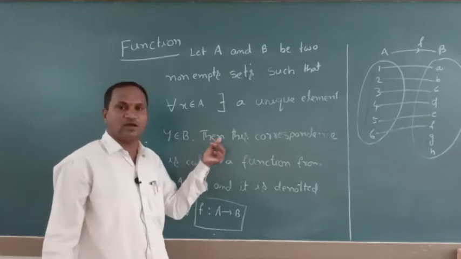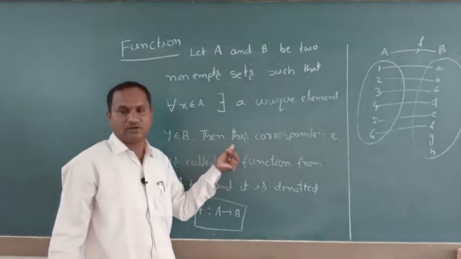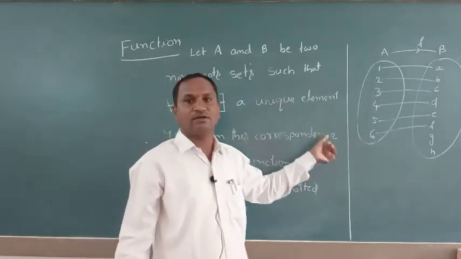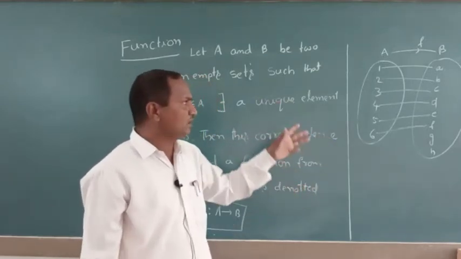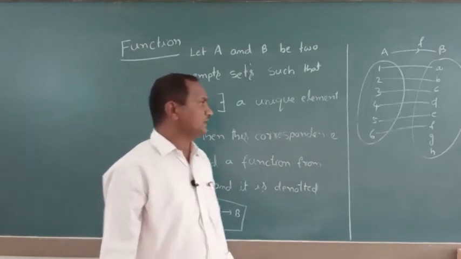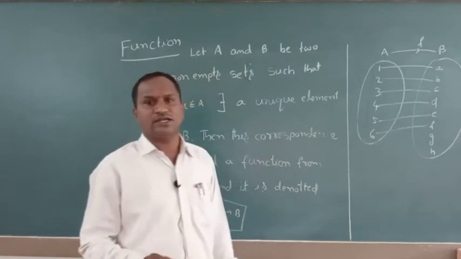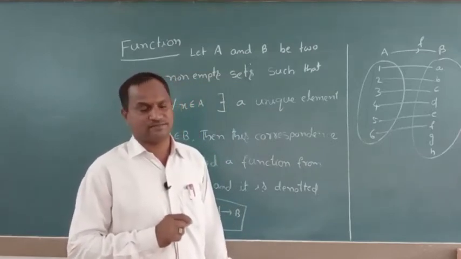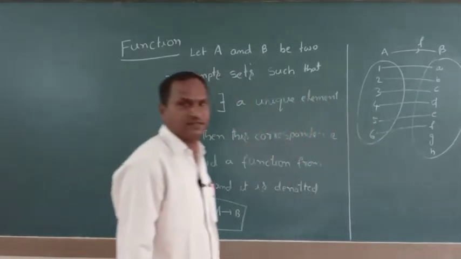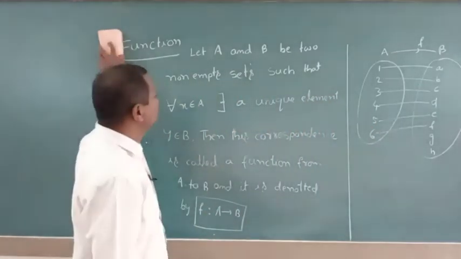By seeing this definition of function F, easily we can tell the first coordinate should not repeat twice. What it means that the first coordinate should not repeat twice, I'll tell you now.